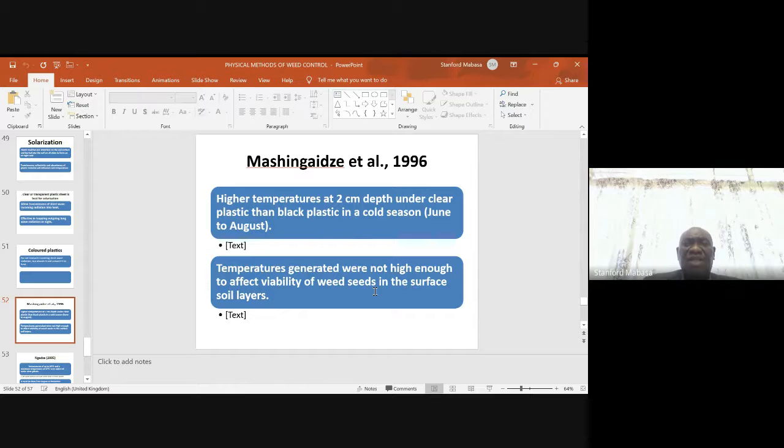Now, I was talking about the effect of plastic sheets in killing weeds. Using black plastic sheets in a cold season like June to August was not efficient in killing weeds. The temperatures were not high enough.